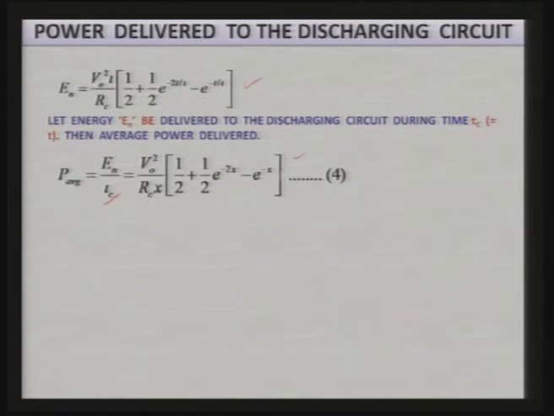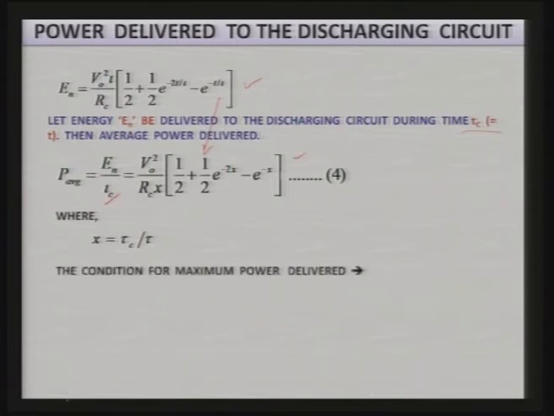V 0 square over R c times 1 by 2, this you can obtain from here by substituting the value of this 1 by 2 e raised to power minus 2 x minus e raised to power minus x, where x is equal to tau c over tau. This is an important substitution.